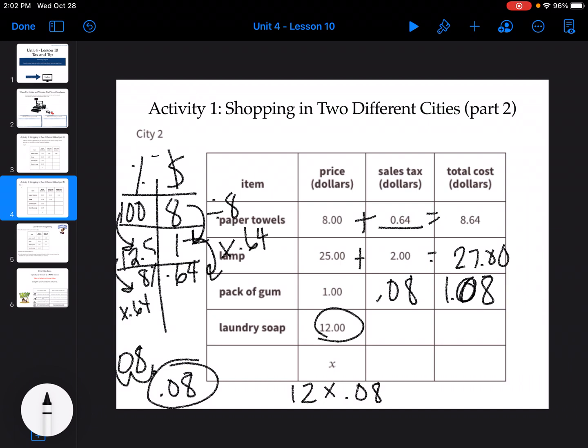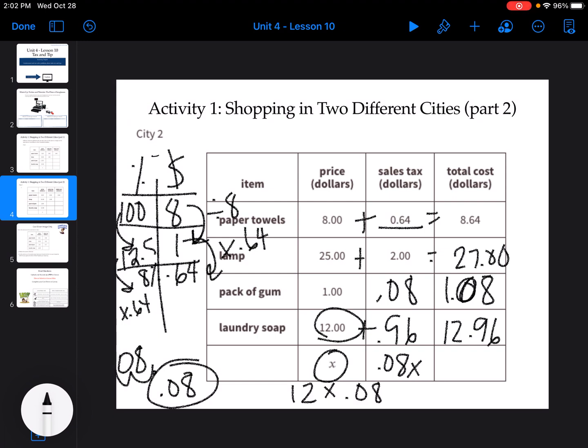I get 96 cents. So I'm going to add that. So it's $12.96.